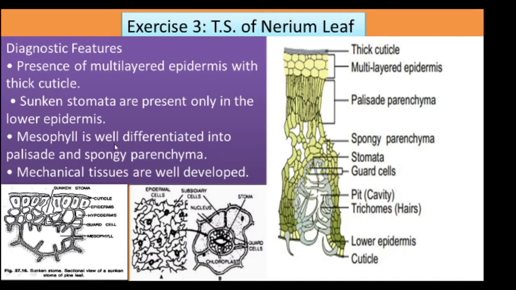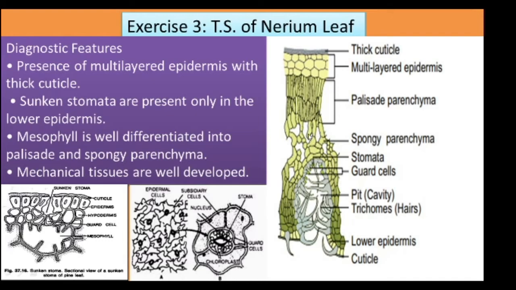The mesophyll is well differentiated into palisade and spongy parenchyma. Here the mesophyll cells, that is the leaf cells, are well differentiated into palisade and spongy parenchyma. Palisade parenchyma is made up of parallel-shaped elongated cells. Spongy parenchyma cells are filled with air spaces.